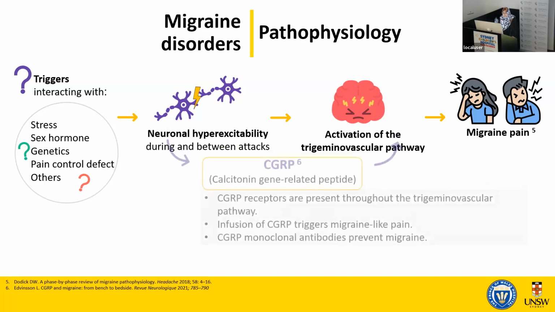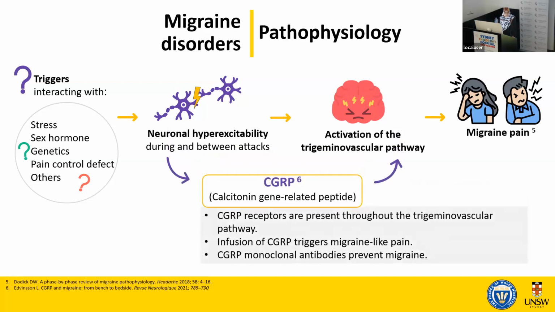Currently, calcitonin gene-related peptide, or CGRP, is identified as one of the key neuropeptides involved in migraine pain. This is due to its presence along the trigeminal vascular pathway and its involvement in migraine pain perception and termination. And now there is also CGRP modulating treatment that has been found to be quite effective in treating migraine, even though not to all patients.